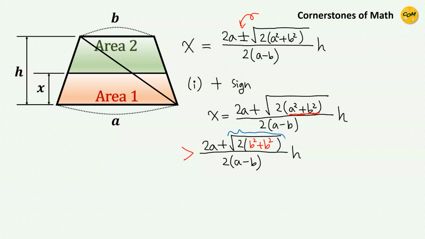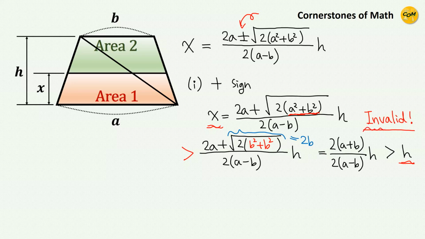And notice that this part simplifies to just 2b. So we have 2a plus b divided by 2a minus b h, which is clearly greater than h. So it gives x that is greater than h, which is invalid.